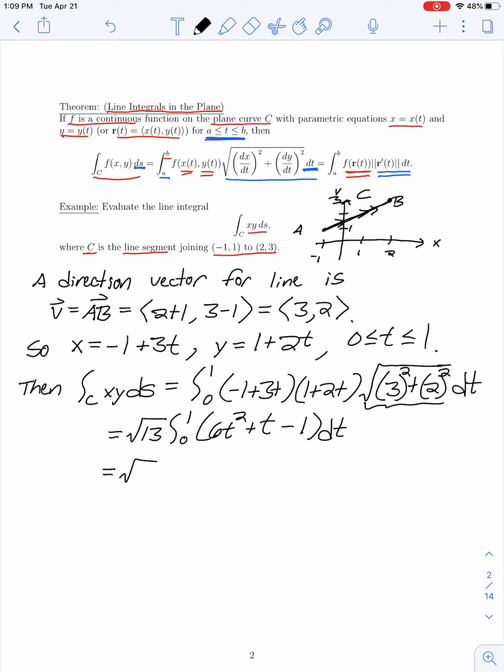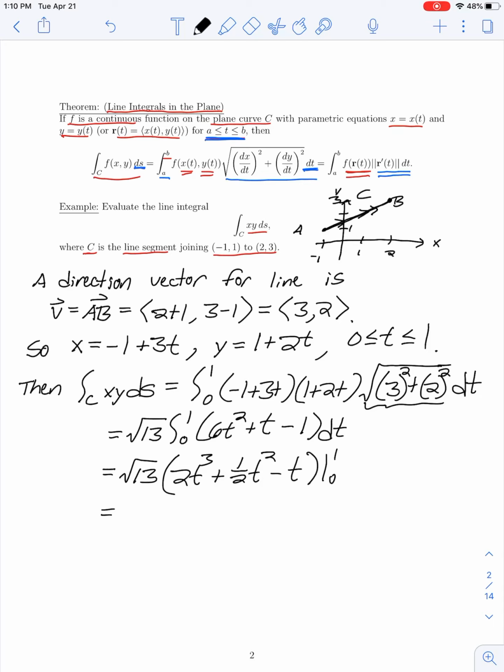So we have the square root of 13 times the antiderivative for this function, which is given by 2t cubed plus 1/2 t squared minus t, and we're integrating from 0 to 1.